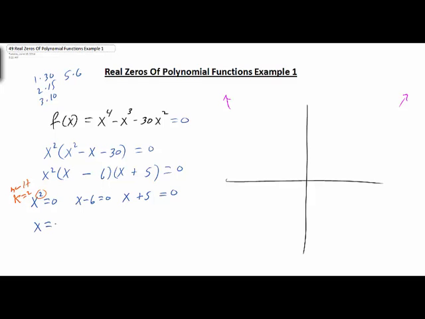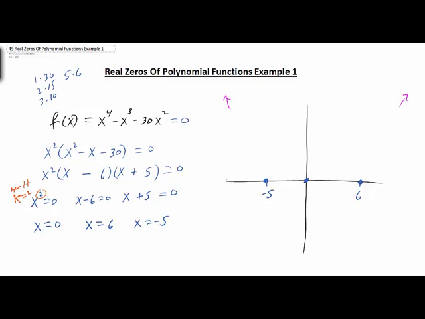That is x equals 0, and then we have x equals 6, and x equals negative 5. So here we have our zeros. We have a 0 at the origin, at x equals 6, and I'm just going to mark this here as 6. And we have a 0 over here somewhere at negative 5. So there we have our three zeros.